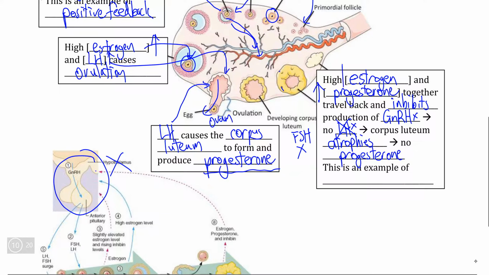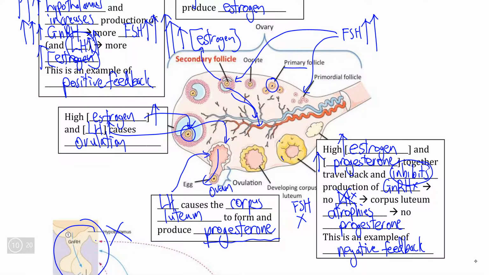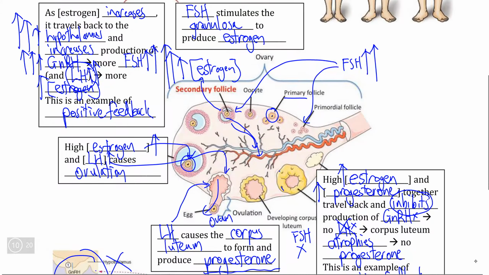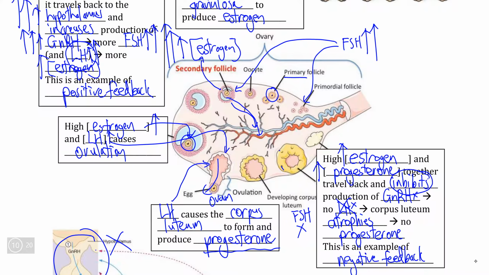So therefore, the more estrogen and progesterone we have, the more likely that this will be inhibitory for its own process. So we can see here that this is a clear example of negative feedback regulation. So this is the primary reason why many people say that the female reproductive system's regulation is much more complicated than the male reproductive system, because there are actually two different examples of opposing feedback that are used just in the ovaries themselves.